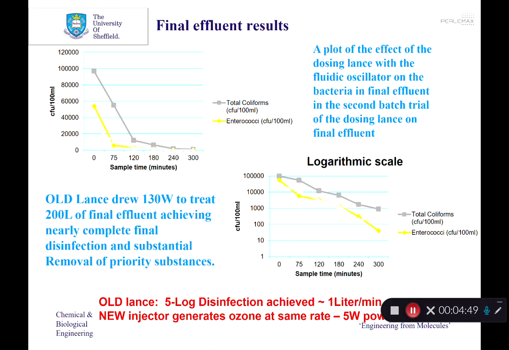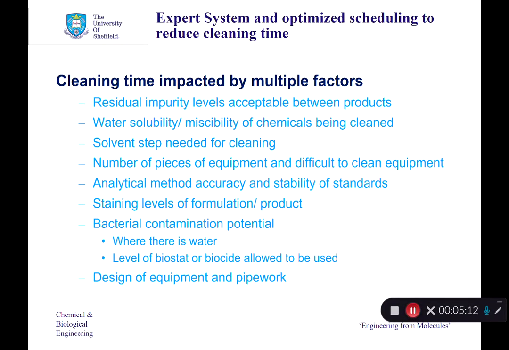And the old lance versus the new lance saves time, but also draws an awful lot less energy with 5 watts rather than 130 watts. So some really good results there to show the benefits of microbubbles with plasma activated lances.